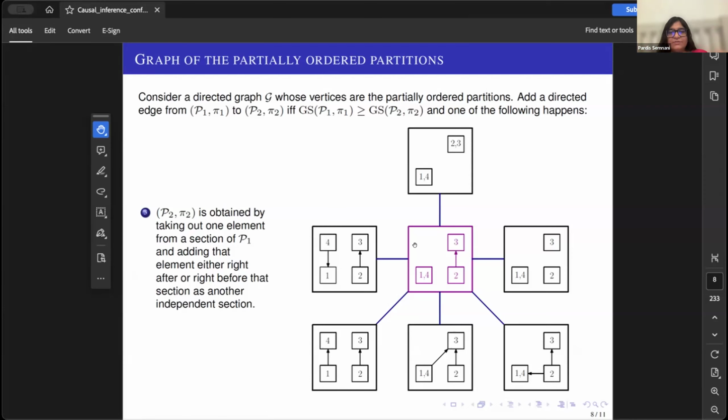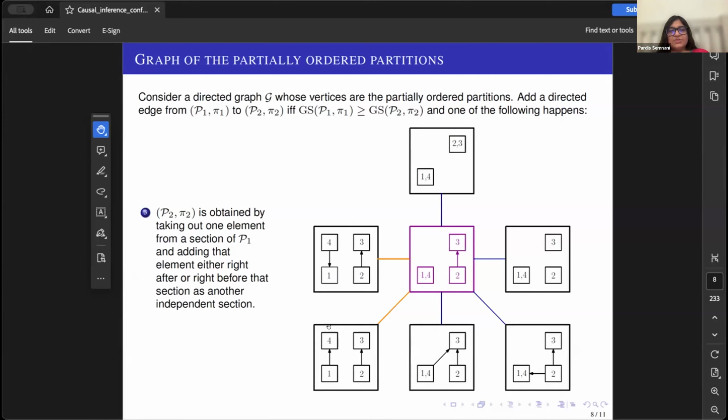For example, for this middle partially ordered partition, with this rule, we get these two neighbors where we have taken out one from the block 1, 4, and in this bottom neighbor, we have added it right before 4, and in the upper one, we have added it right after 4.